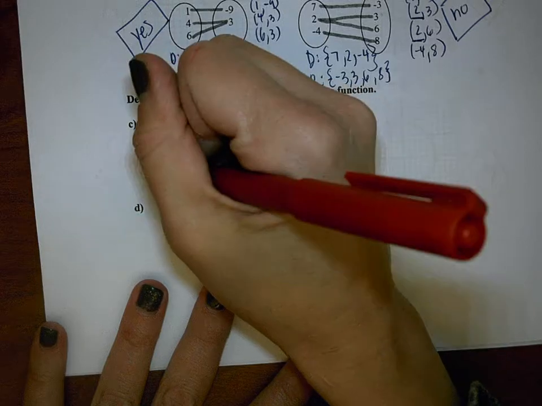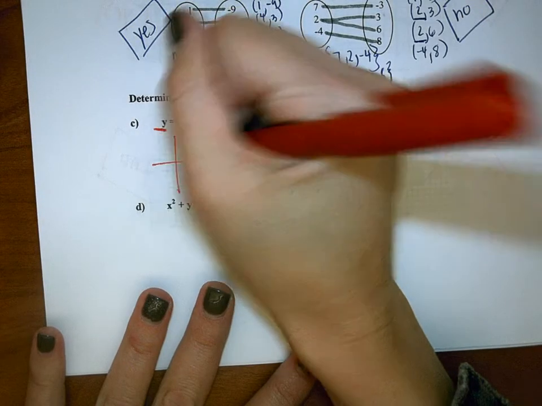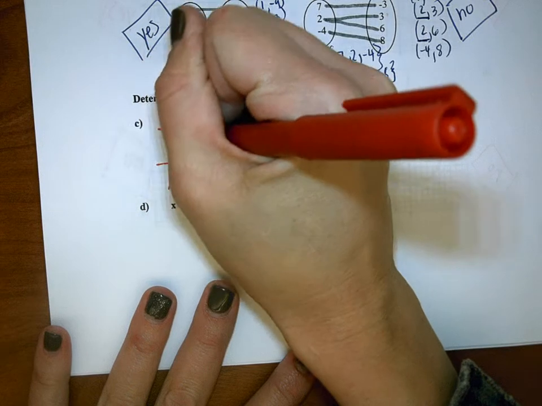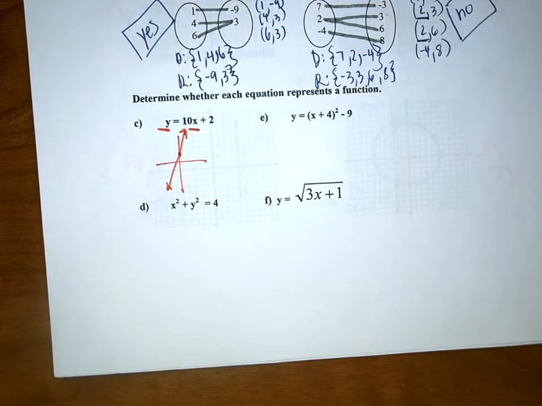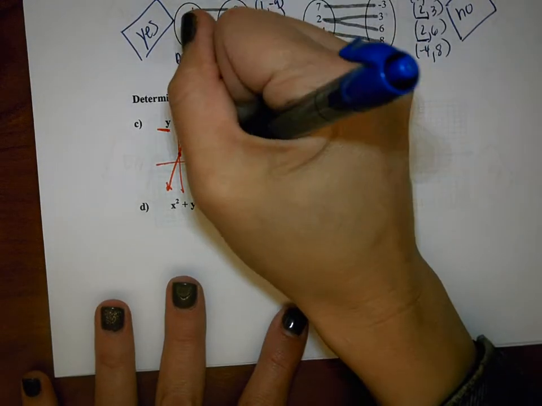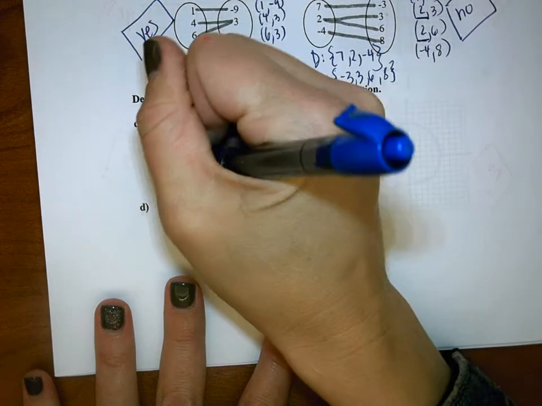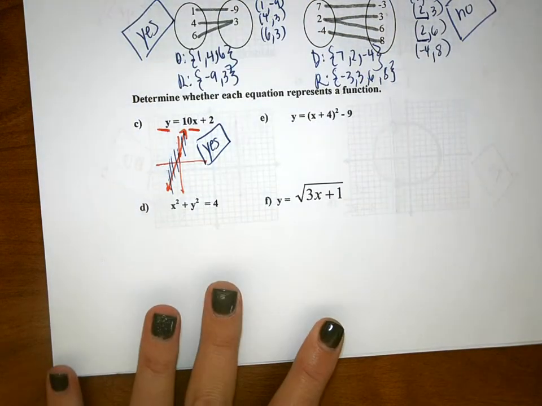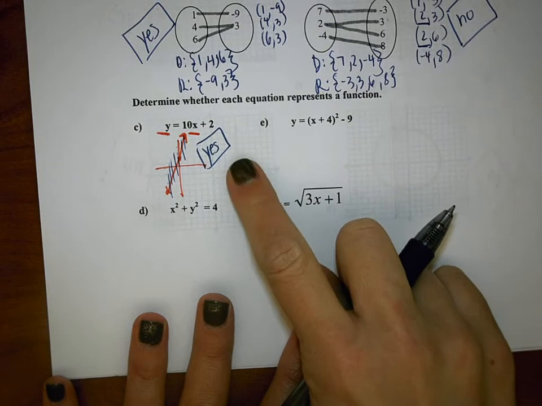If I were to graph this, you'd go up 2, make a point, and then go up 10 over 1. This is a line. Do you think it'll pass the vertical line test? Yes, because it would only hit 1 point at a time on this line, if you were to draw little vertical lines. So the answer is yes, this is a function.